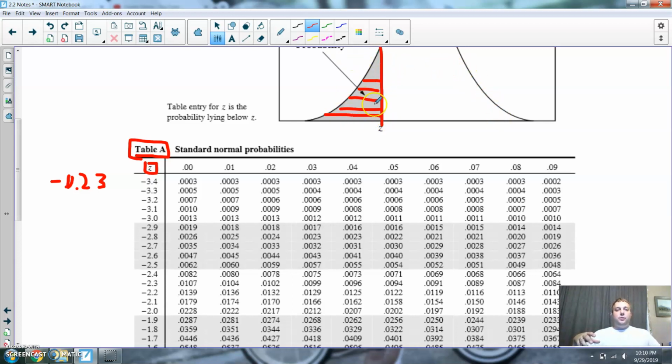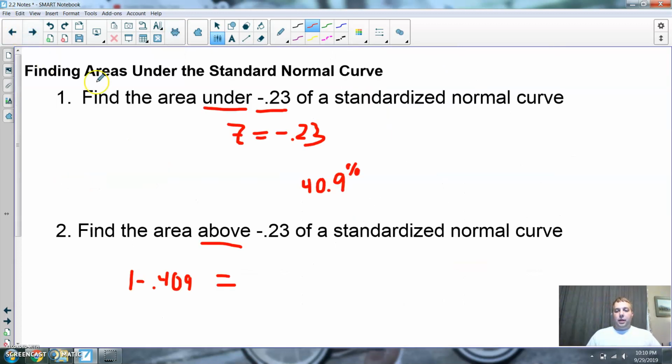So if this is 0.4, then this must be 0.6. So if you always want the above, you're going to have to go 1 minus. Alright, I'm glad we got that. So the answer is 0.591, I believe, is the correct answer to that. I'm doing things in my head.